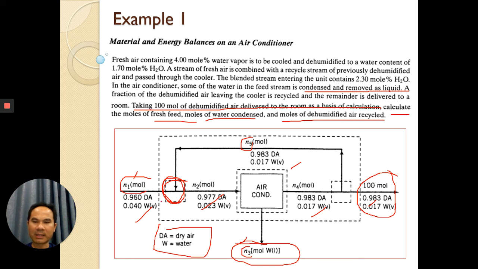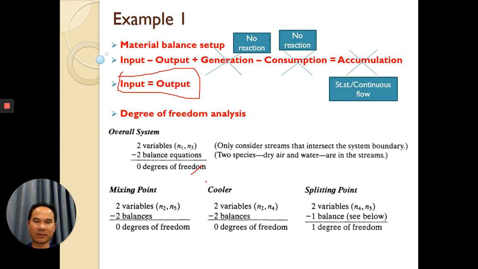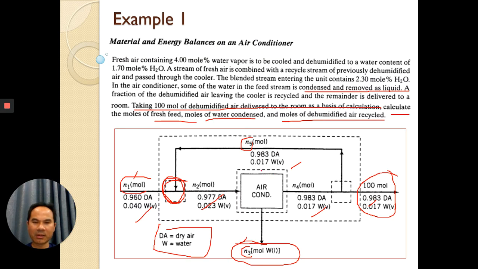At the mixing point we have three unknowns, N1, N2, and N5, but we know N1 already from the overall balance, and the remaining are N2 and N5. We have two unknowns and two balance equations, dry air and water, so we can solve for the mixing point also. 0 degree of freedom. And then we check the cooler or air conditioner.